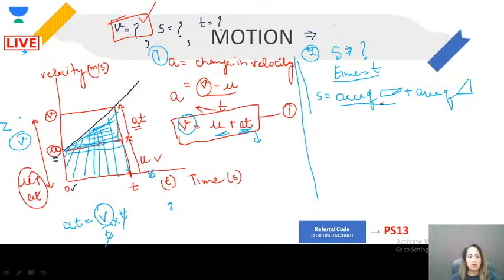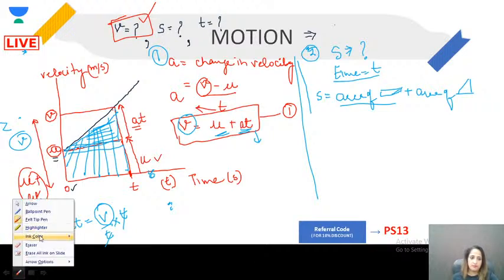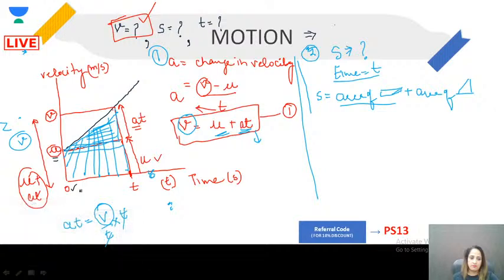Now the area of the rectangle is base into height, right? So the base is t into u.